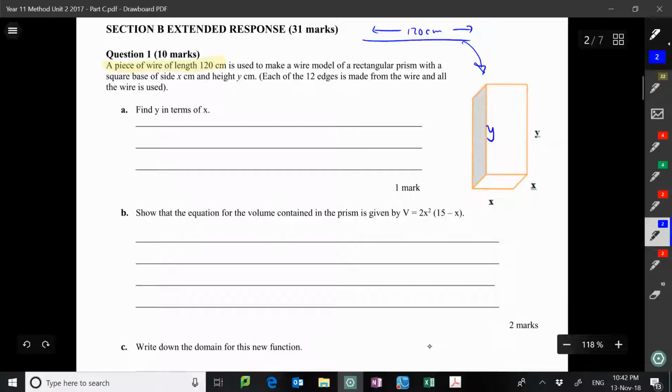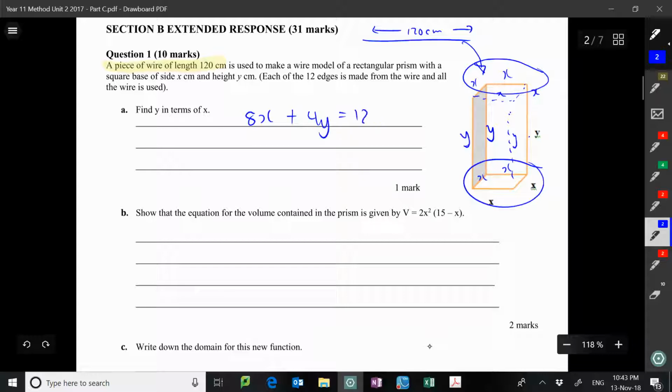So if this is y and that's y, this is x, this is x, this is x, this is x, this is x, and if you look through it, there's another x up there. 4x is on the top, 4x is on the bottom. That's 8x already, plus how many y's? You've got 1, 2, and 3, but remember there's 1 in the back as well. So 4y should equal 120.